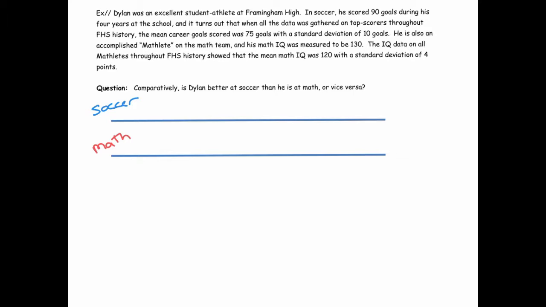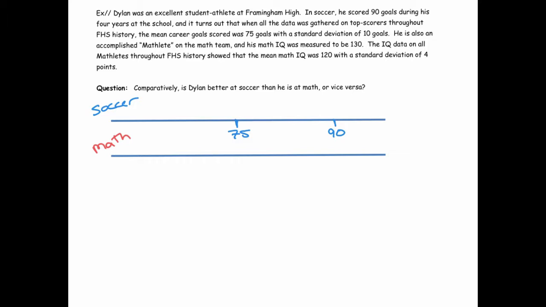The mean career goals of 75 means that you looked at a population of top goal scorers throughout FHS history, and the average was 75. Now the number of goals he scored was 90, so I'm going to put that out here. Now we're going to see how many standard deviations away from the mean his record was. We're told that the standard deviation is 10 goals.